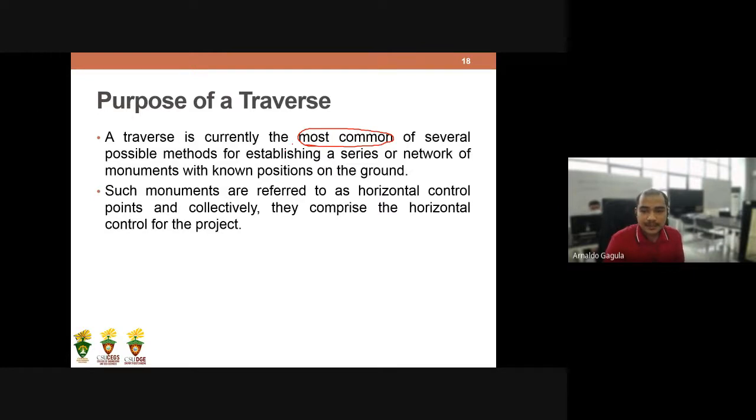Such monuments are referred to as horizontal control points, and collectively, they comprise the horizontal control of the project. So, kintahay, wala kay known control points sa imong i-survey na tract of land, you need to run a traverse.